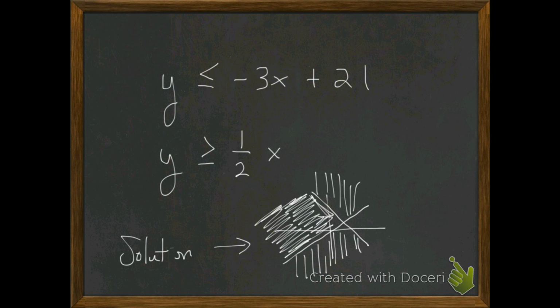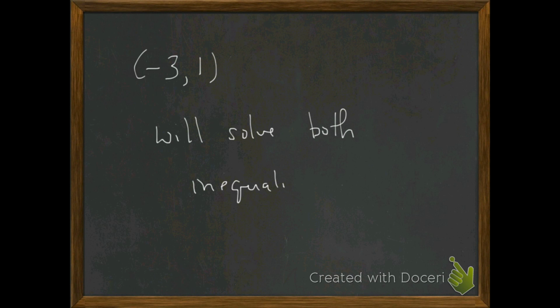And it was reasonable to me that the point -3, comma 1 was in that. So if we check, the point -3, comma 1 will solve both inequalities.